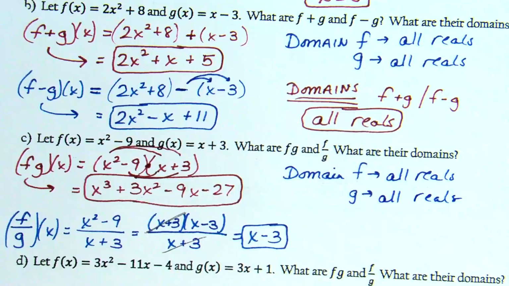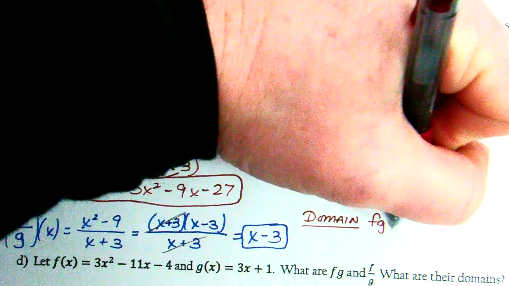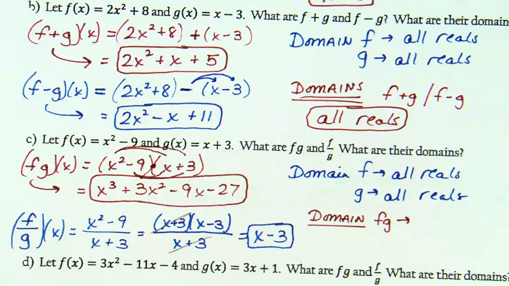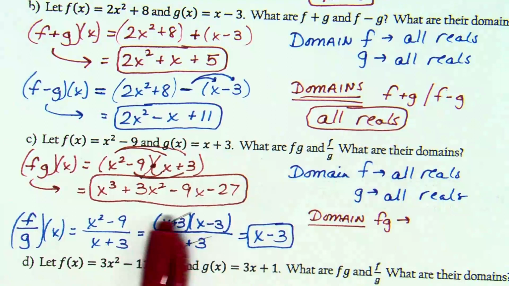Now, be careful. I need to talk about these domains individually. So first of all, let's talk about the domain of f times g. F itself was all reals. G itself was all reals, yes? When you multiply f times g, we got this x cubed plus 3x squared minus 9x minus 27. Does that still seem like it would be all reals? Yes. We multiplied them, we got another polynomial.